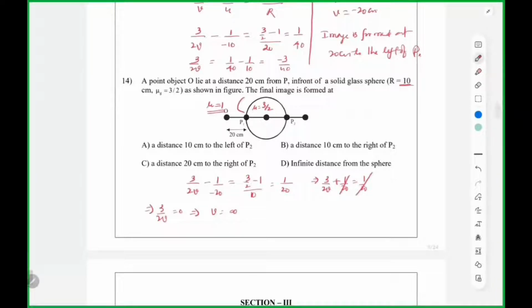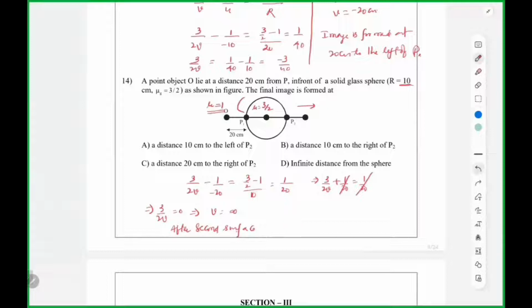So after the second surface, again from glass medium, denser to rarer medium, here mu is 1.